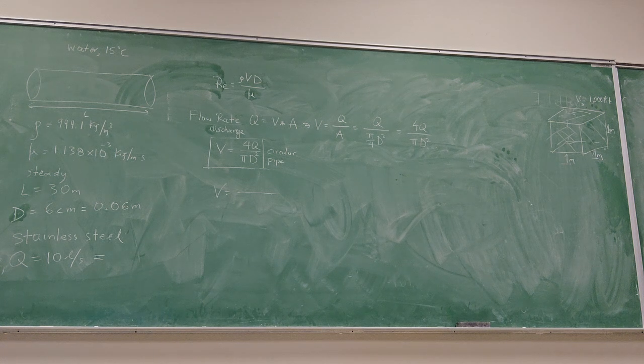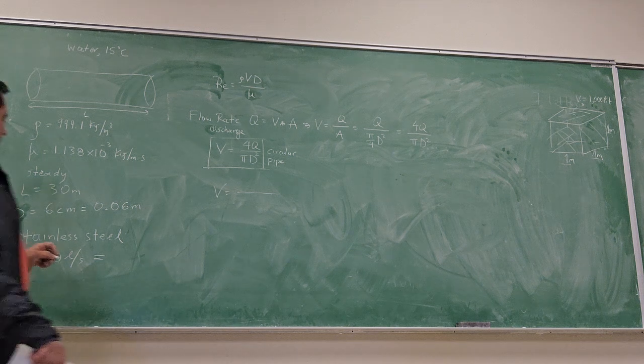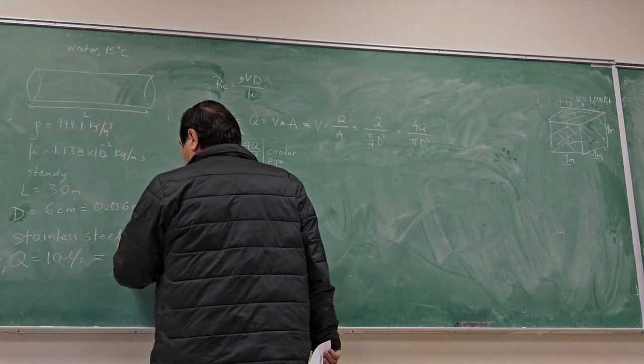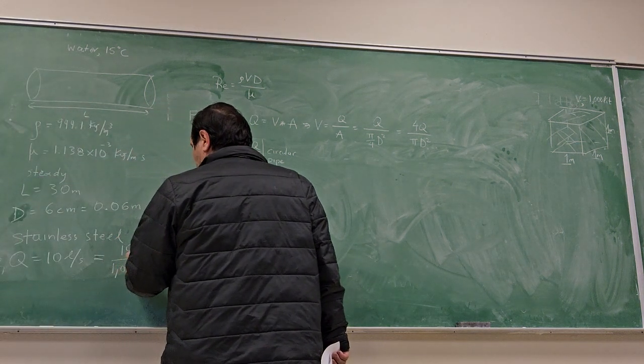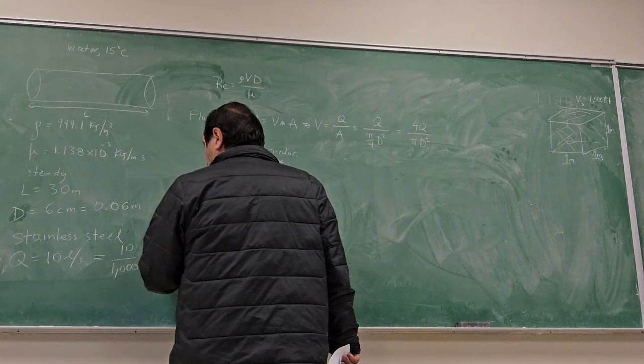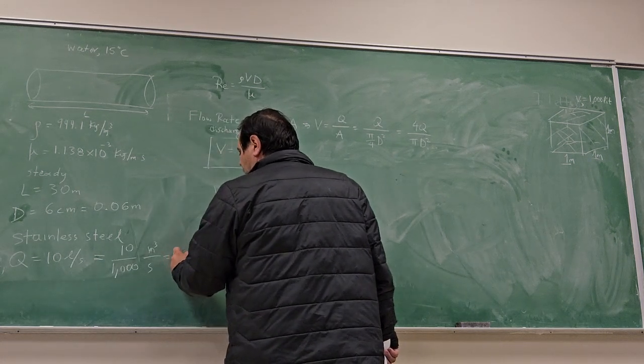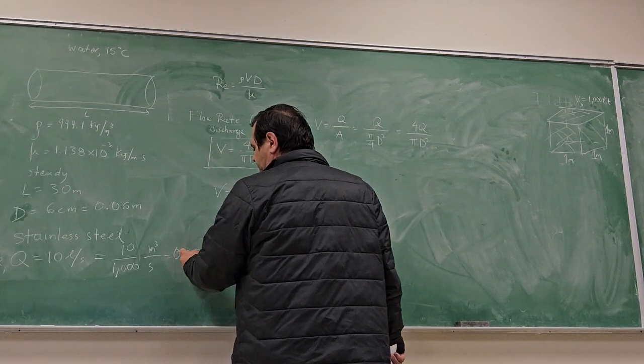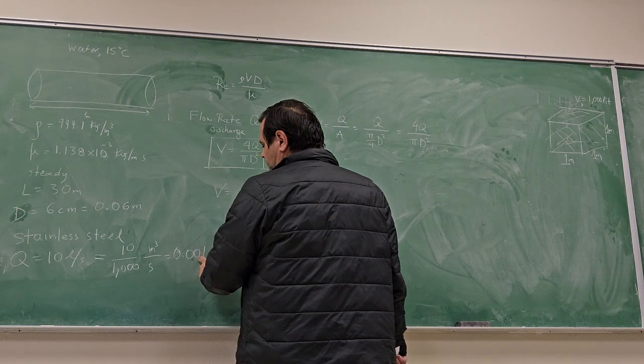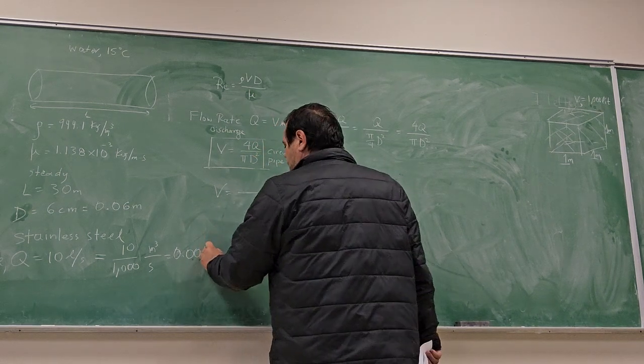So it makes sense that in a cube of 1 by 1 by 1, you have 1,000 liters. So to convert the liters to cubic meters, you divide by 1,000, which will make it 0.001 cubic meters per second.